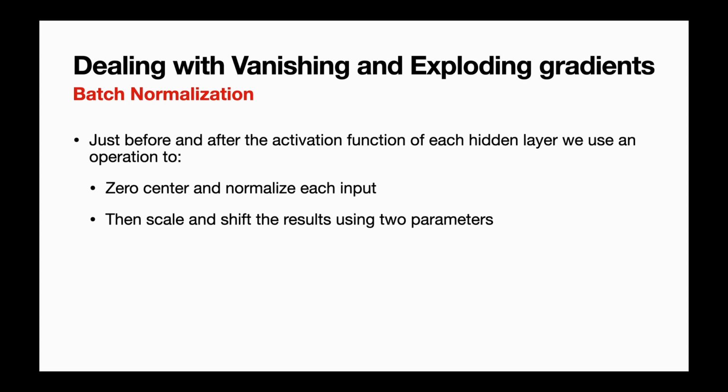For every hidden layer, you are normalizing your inputs to center around 0, and then you scale it back when its output comes out, making sure it shifts and scales in a way that it goes back to the original scale that it had.